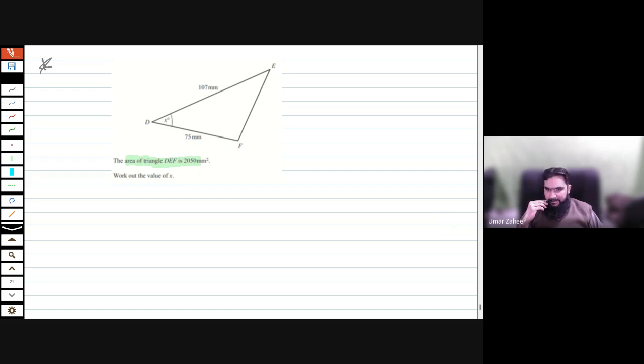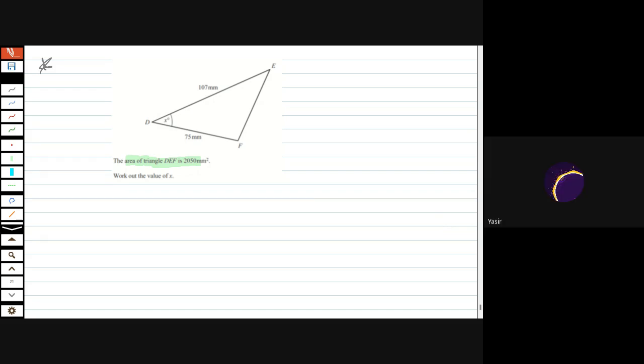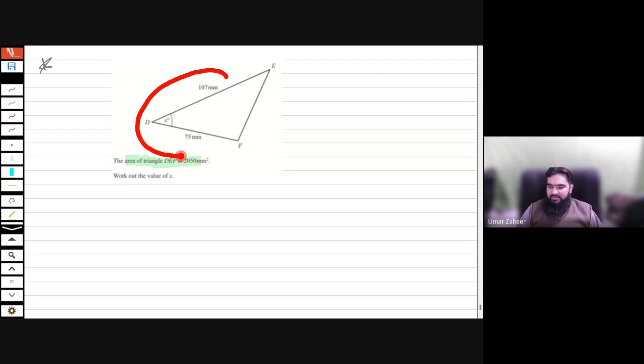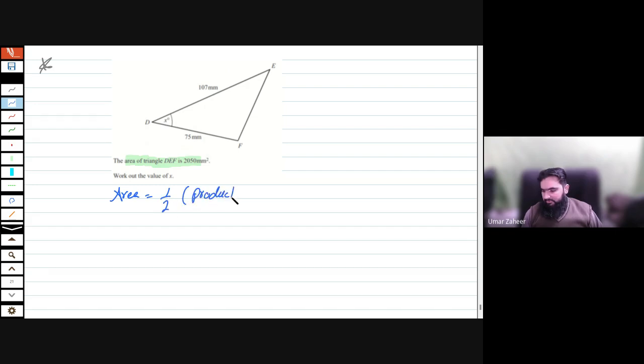Yes, Yasir. Yes, sir, it will be 2050 equals 1/2 times 107 times 75 times sine of x. We are going to use the formula of area, in which the area of a triangle is equal to 1/2 the product of two sides into sine of their included angle.